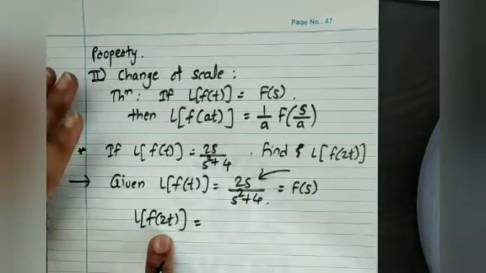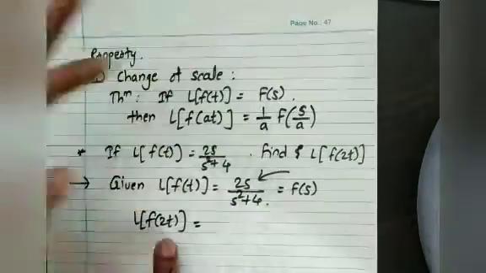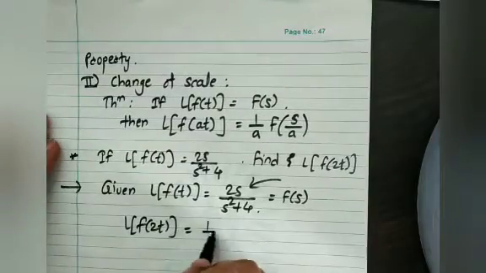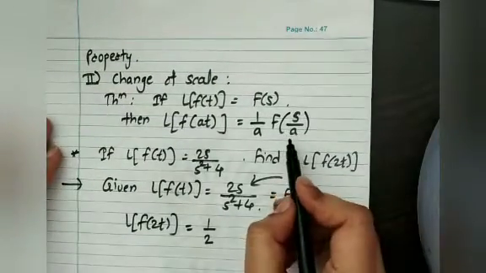Then we have to apply the definition, that is 1 upon a, here a is 2, so 1 upon 2 into F of s upon a.